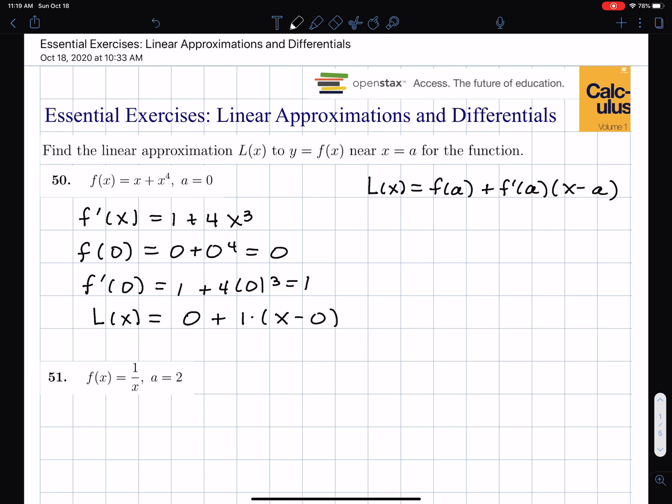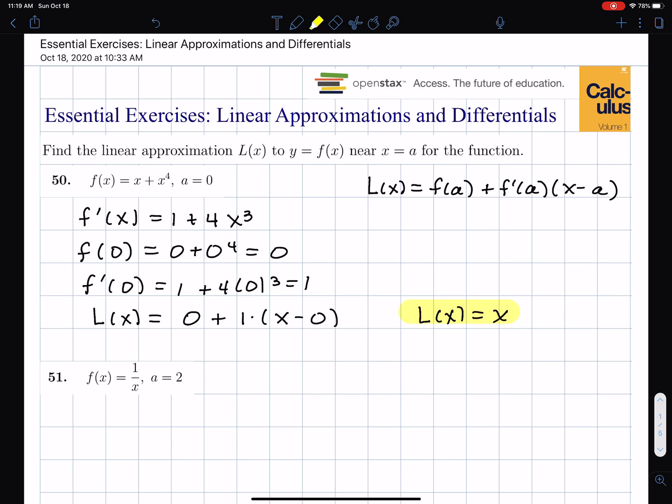So this problem gives that L of x is equal to x. That's the equation of the tangent line. In fact, that's what the linearization is, the linear approximation. It's the tangent line at a. And we can use that to approximate values of f of x near a equals 0.